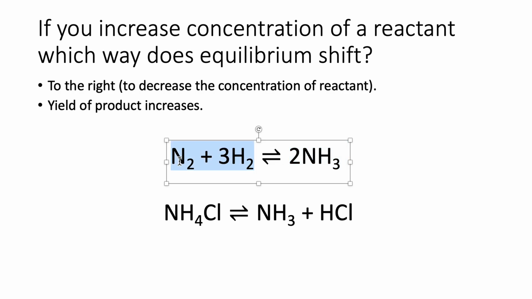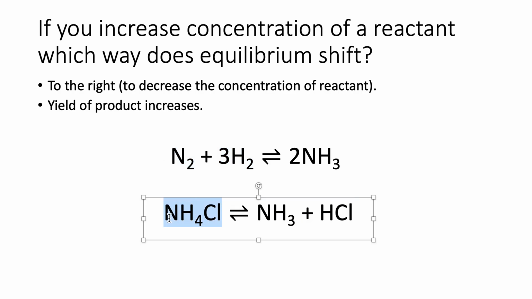And that is following Le Chatelier's principle because it's counteracting the change. I've put more reactants in, I've increased the concentration. So by shifting to the right and making more of this, it decreases the concentration of this back towards the original level.